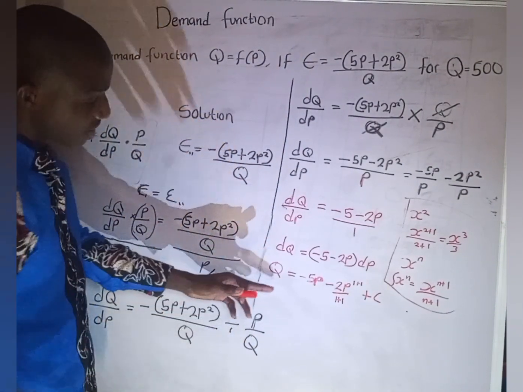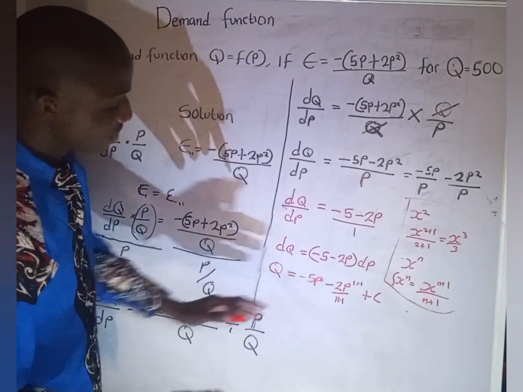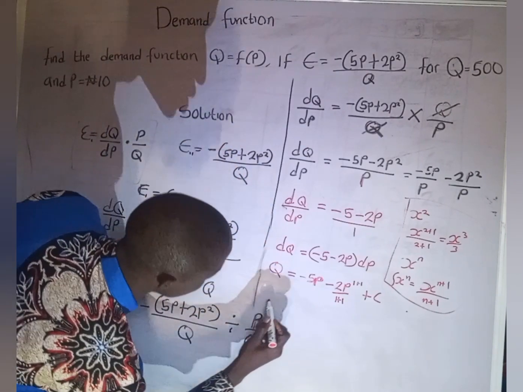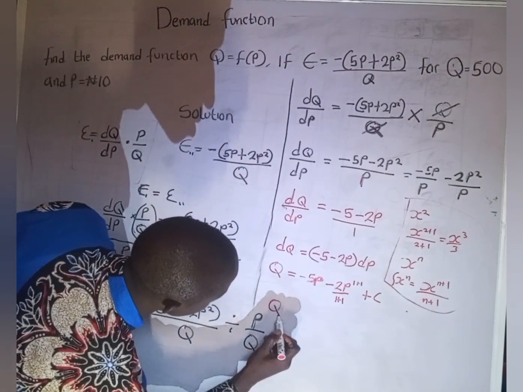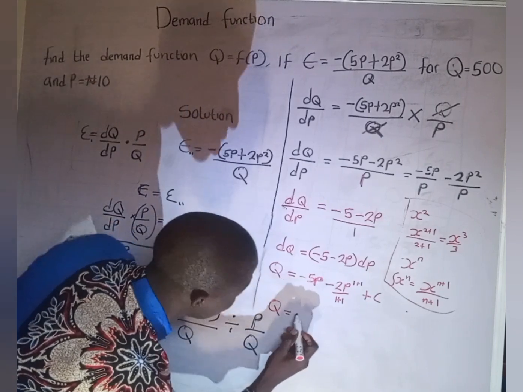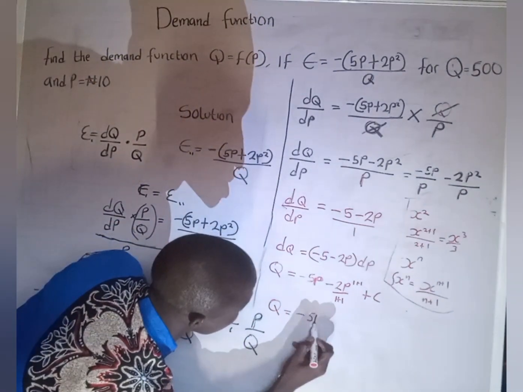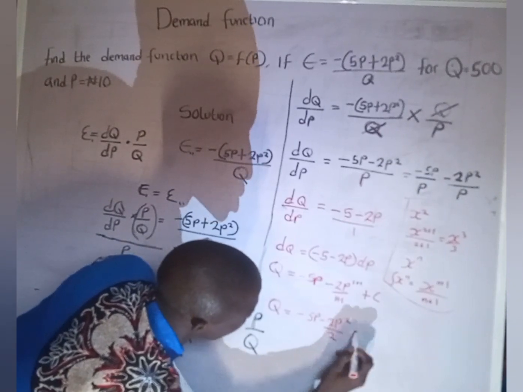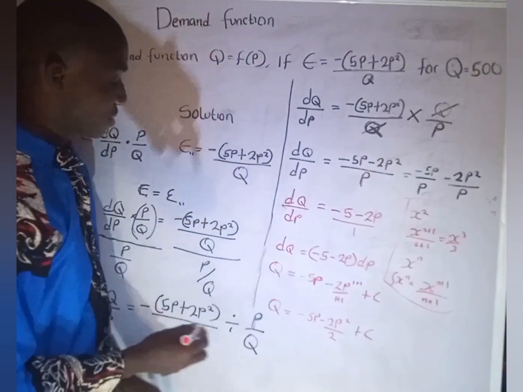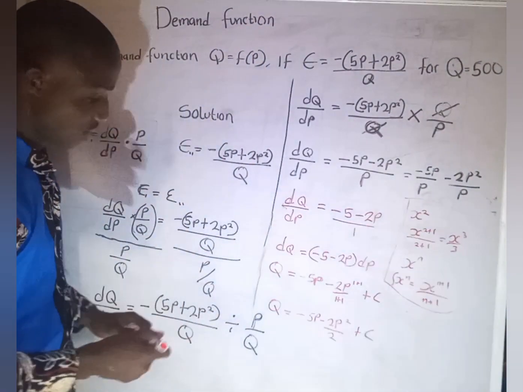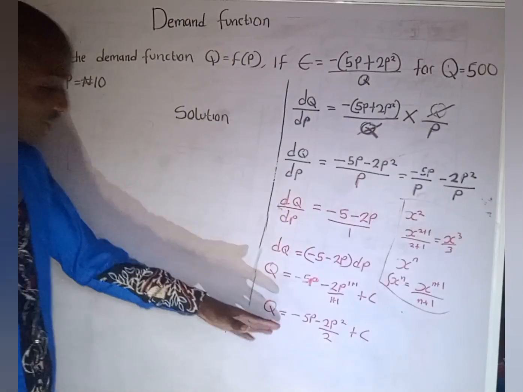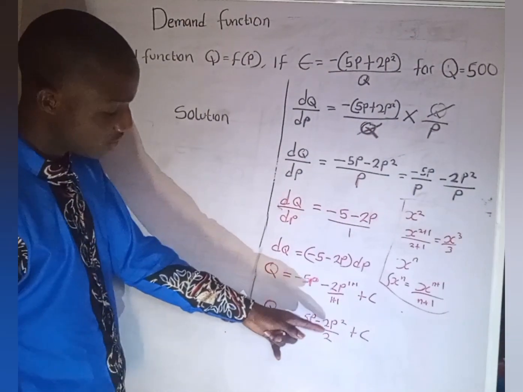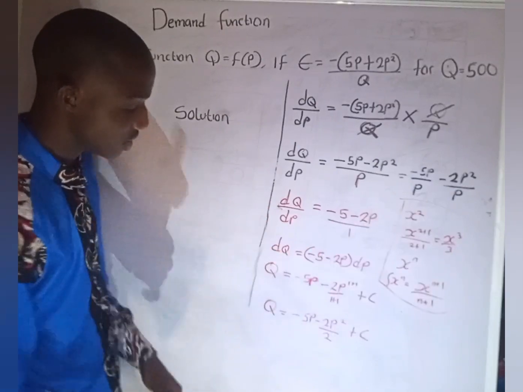Now when you got to this point, the next thing is to write this in another form like this: minus 5p minus 2p raised to the power of 2 all over 2 plus c. Okay, now I have Q equals minus 5p minus 2p squared all over 2 plus c.